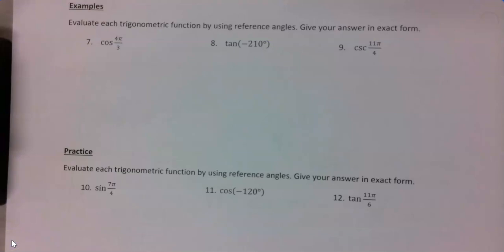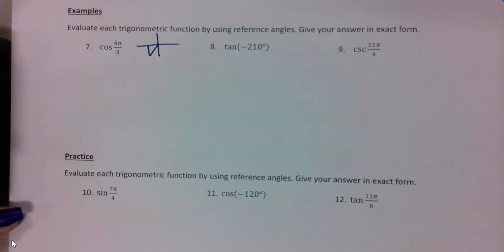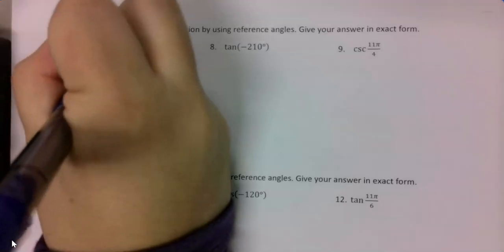Okay, so then on the back side I have 3 trig functions and it wants me to evaluate them using reference angles and then give my answer in exact form. So cosine 4 pi thirds is here in the second, nope, that's third quadrant. So what I want to do is rewrite this as cosine of its reference angle.